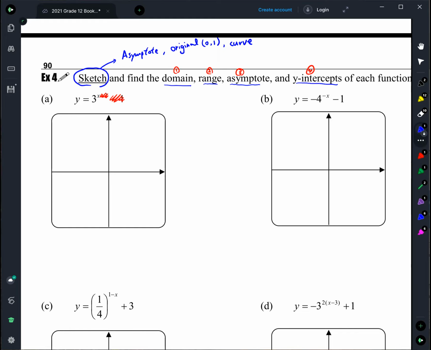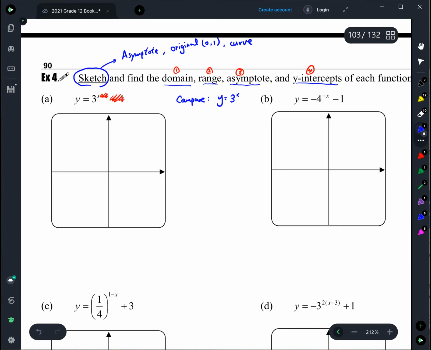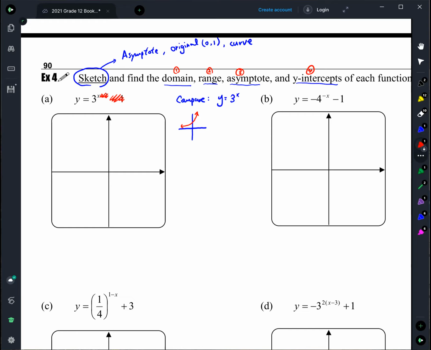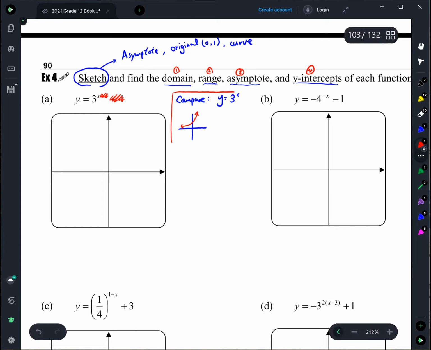So you can write it as compared to y equals 3 to the x. We know, with just a little sketch, it is increasing. At least we know the shape. And then we are going to add things in. You can box that and compare with this one, so you know the way it curves, it should look like that.